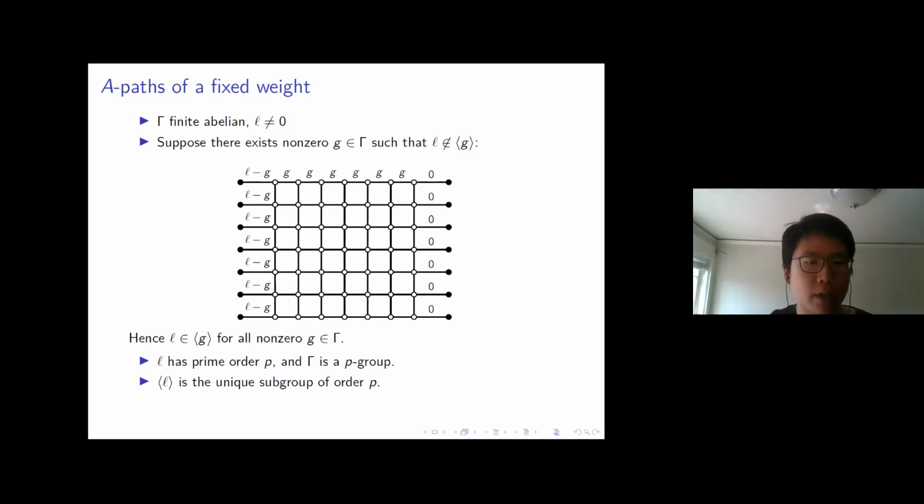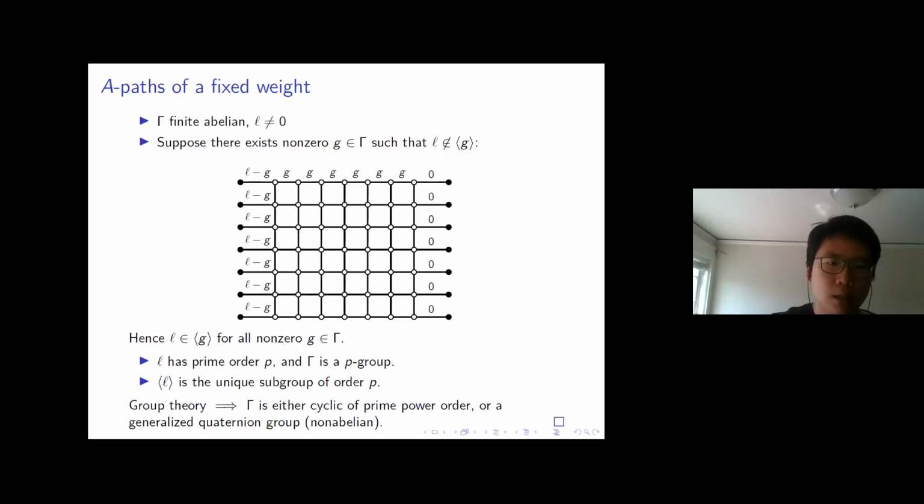We also get that the subgroup generated by L is the unique subgroup of order P. Because if there was some other subgroup of order P, that has to be generated by some element of order P, and that's not going to contain L.